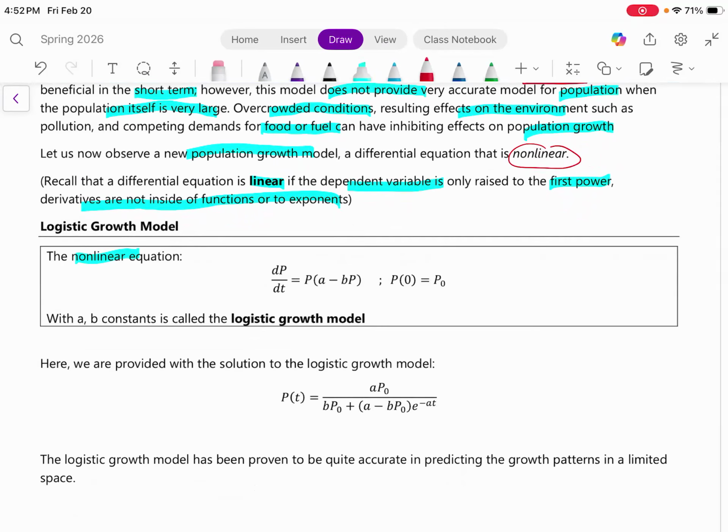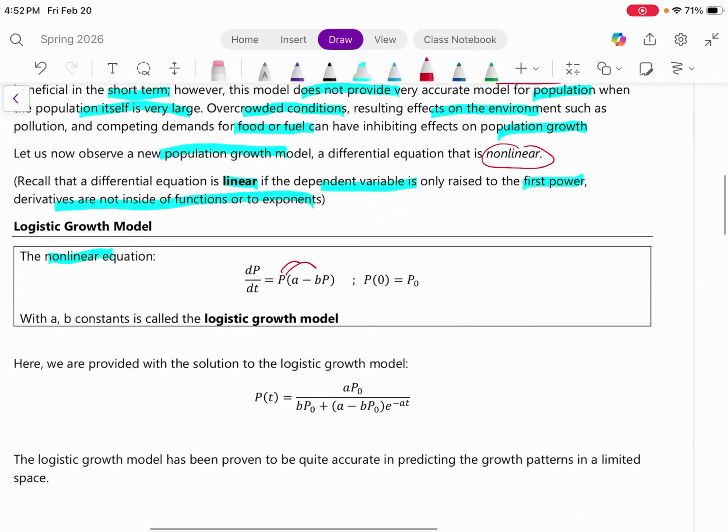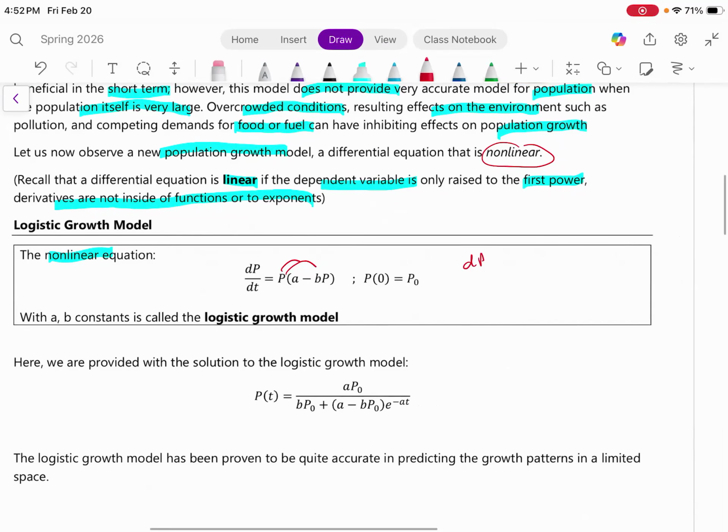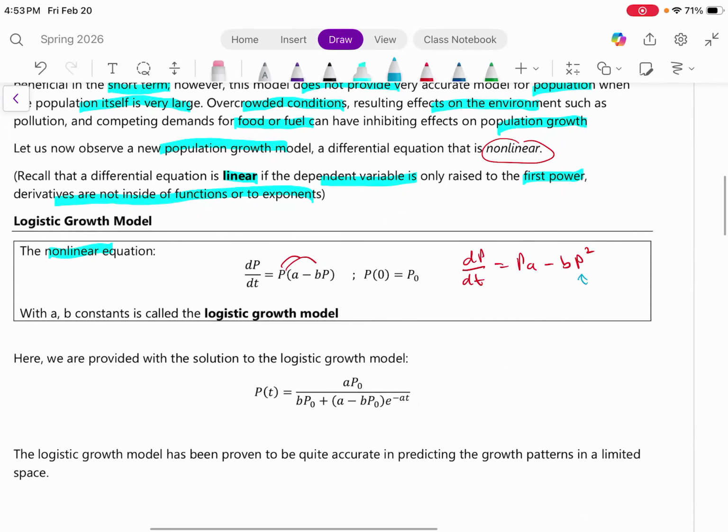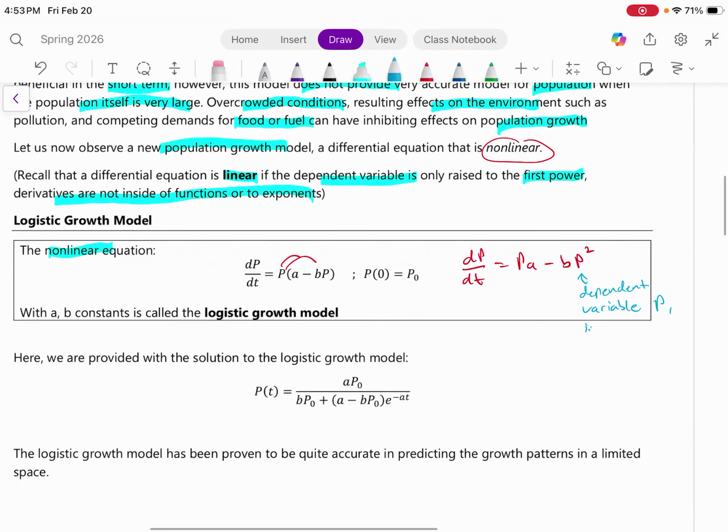Okay, so why is this nonlinear? Well, let's take a look. If I distribute the P, what I end up with is dP/dt = aP - bP squared. And this is nonlinear because P is our dependent variable, and it is not raised to the first power.